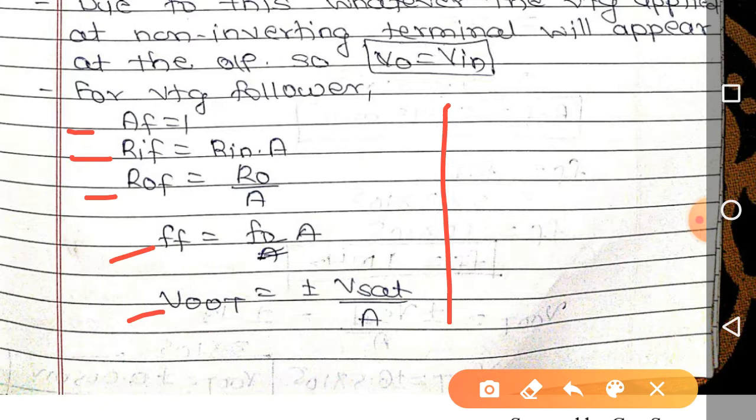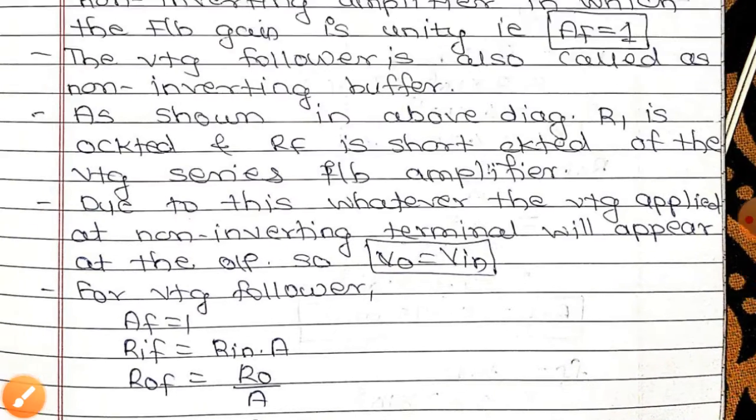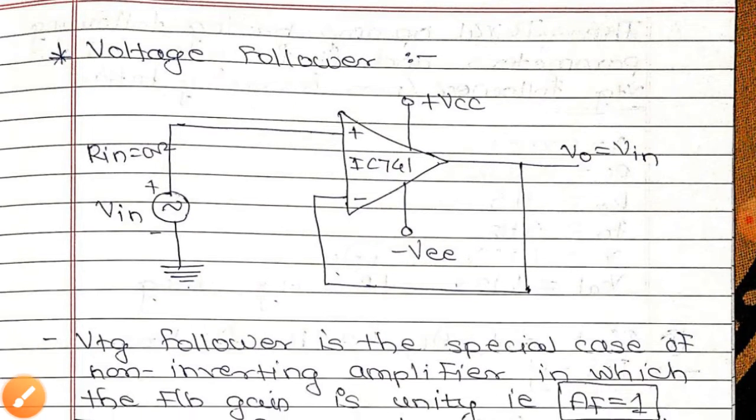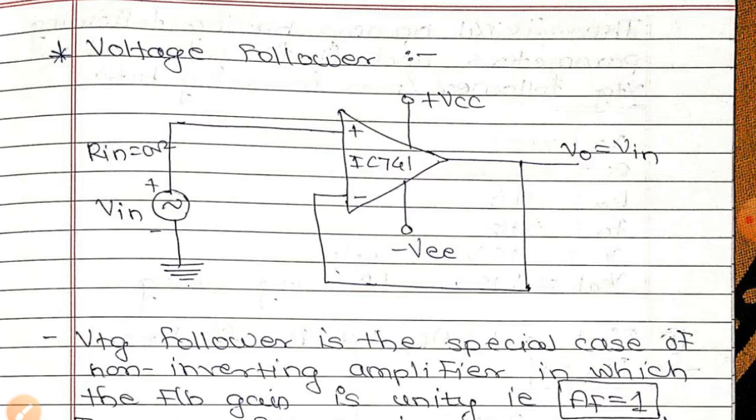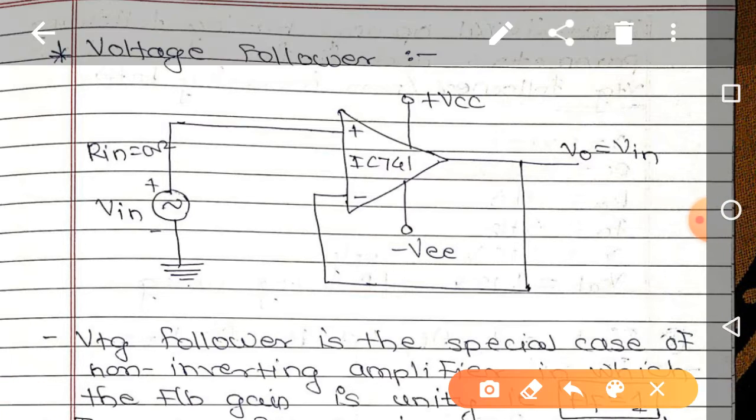Yes, once again see in the diagram. Feedback resistor RF and R1 are short circuited, means its value is 0. Due to this, whatever the voltage applied at the non-inverting terminal will appear at the output. So we say that V0 is equal to Vin.